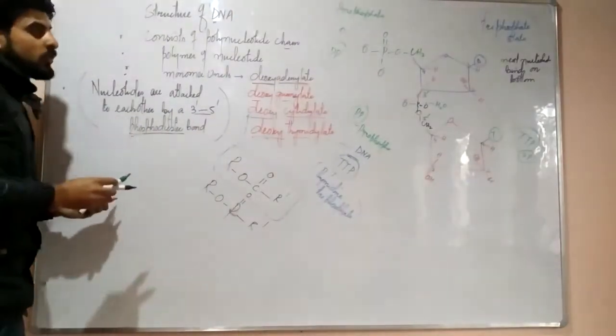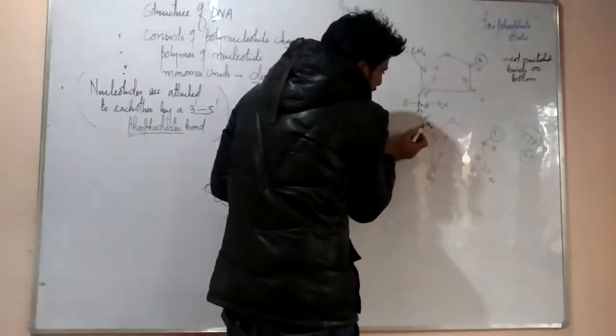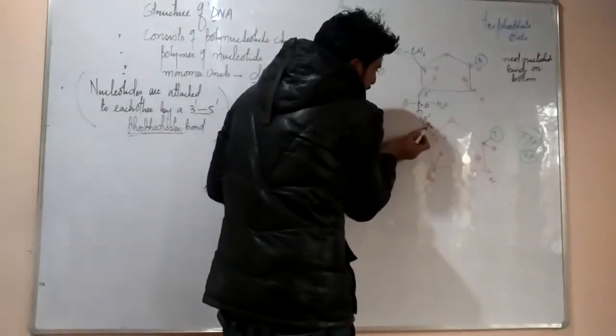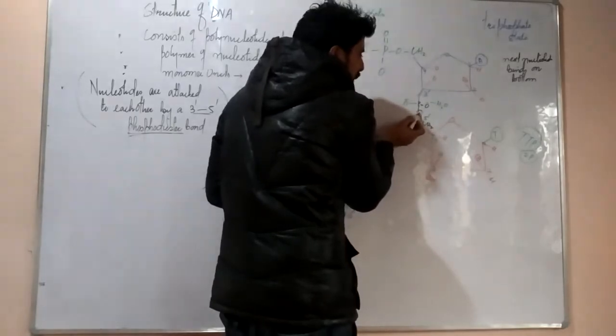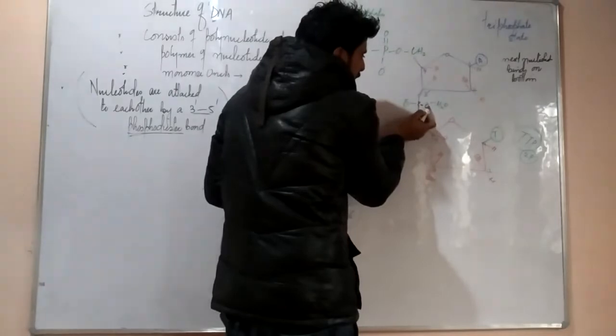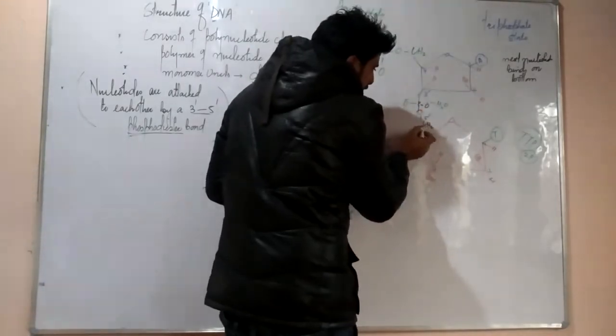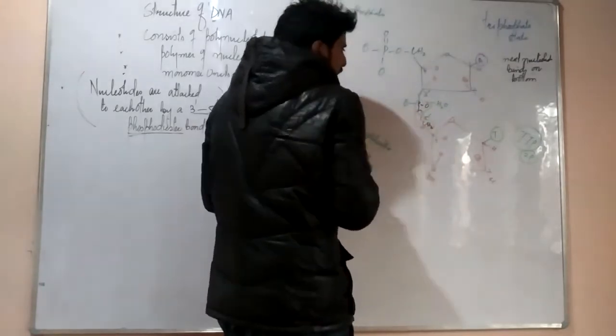Now we have to make two diesters here. How does it get formed? If you take this carbon, making a single bond, R here is represented by CH2, then a single bond with oxygen, then a single bond with P, then a double bond with O. So if we take this line, this is one ester bond formation. It's one ester bond.